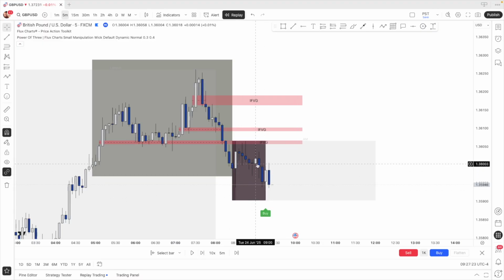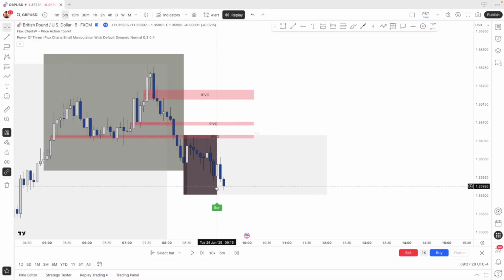There we go. So our manipulation phase is starting right over here. Now we got our signal right over here. But now we are waiting for an inverse fair value gap to form before we enter any trade. So when we play price forward, we are waiting for that inverse fair value gap to form.